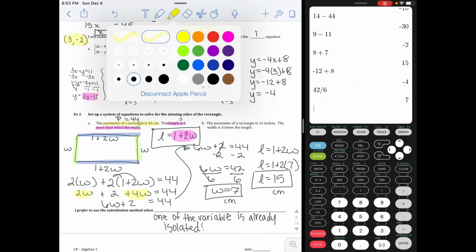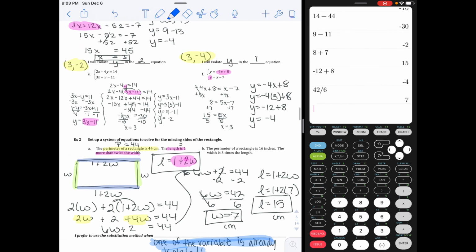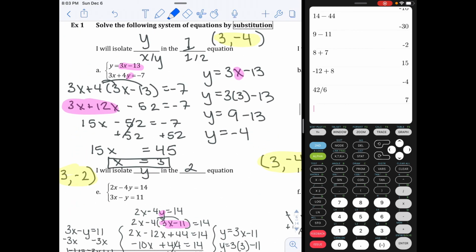Put a star next to this, highlight it, but you need to understand out of the 3 methods that you're going to be taught, which one is the best one to use, okay? So for substitution, it is the easiest to use when one of your equations is already isolated. So that is like example 1a, right? That first equation, that y was already isolated.